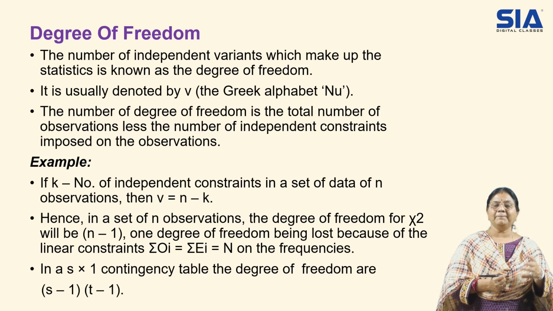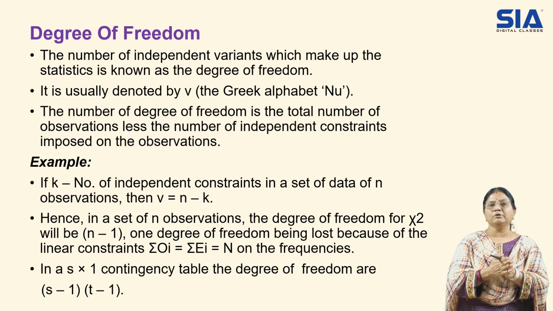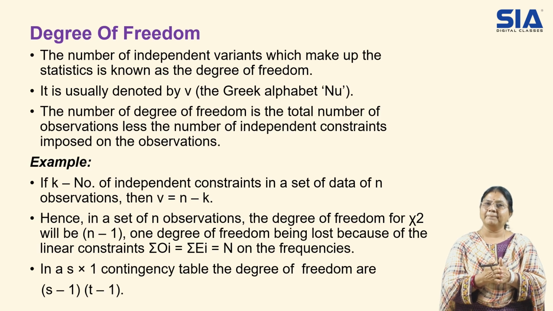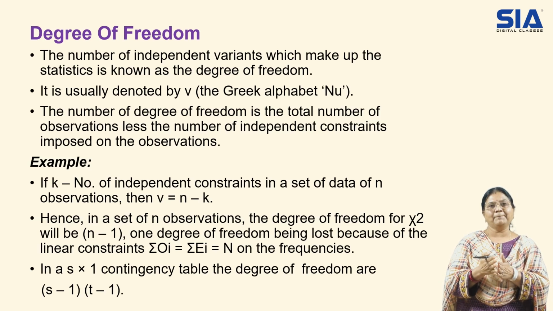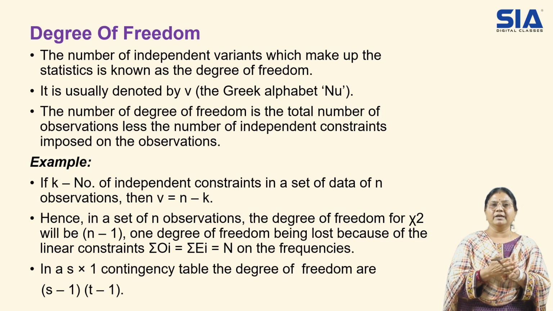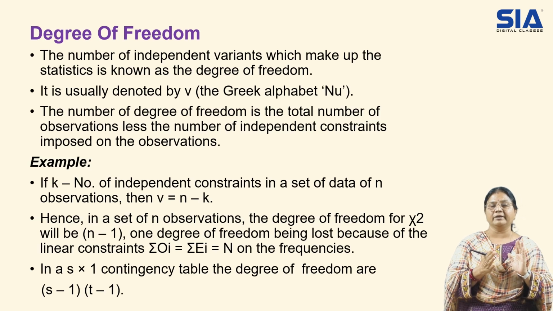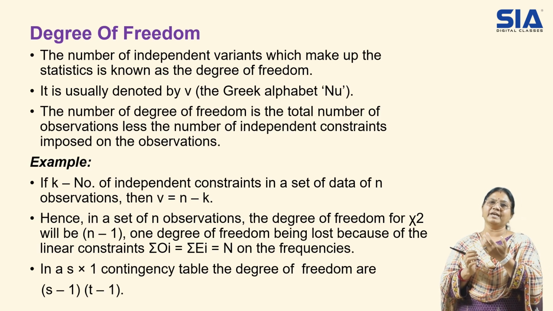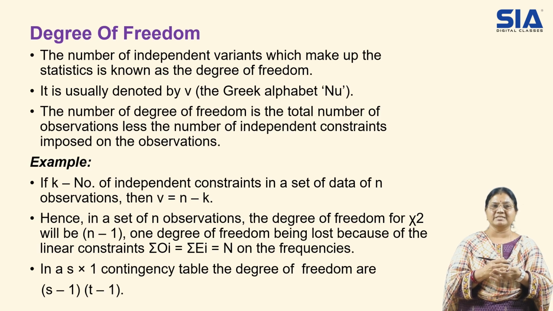If it is 1%, that means we are tolerating some errors, maybe 1%. If we want to be more accurate, we take 5%. That means when it is 1%, we assure it is 99% accurate. When we take the level of significance at 5%, we assure it is 95% confidence level.